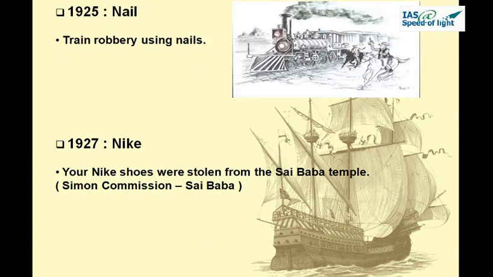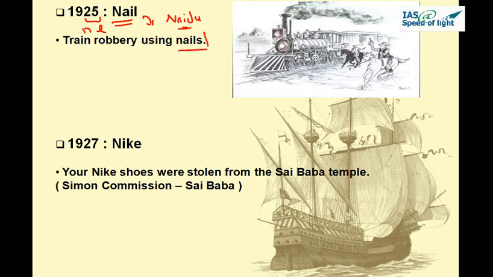Coming to the next year, which is 1925. N and L. 2 is N, 5 is L. Nail. Initially, we remembered Nail with Naidu, or Sarojini Naidu became the first president, woman president, Indian woman president. So, train robbery using nails.